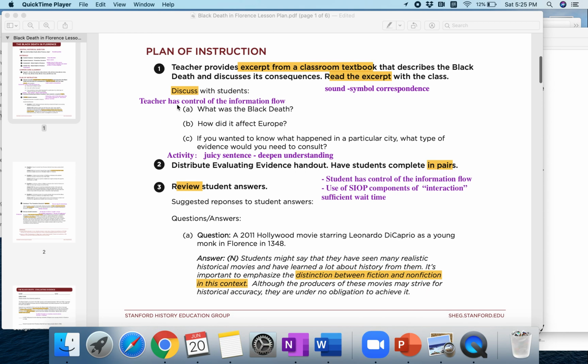The teacher will also be discussing with students some questions, such as what was the Black Death and how did it affect Europe. Now, the teacher has the control of the information flow, so the teacher can ask probing questions to stimulate low proficiency learners to answer more because the teacher has control of when to ask and when to solicit answers.